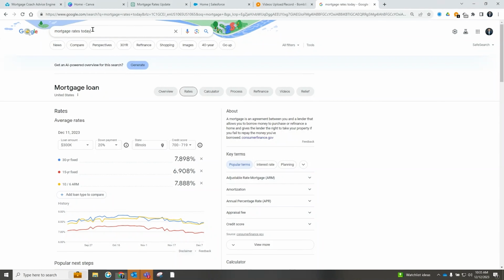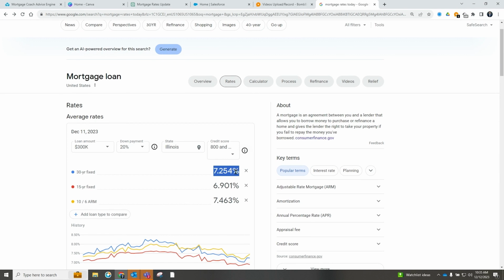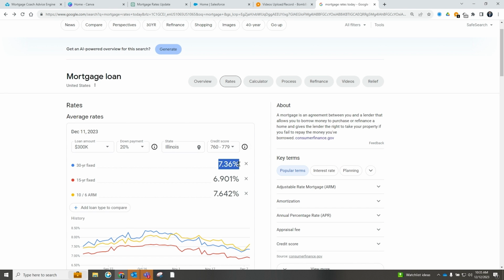So with that said, I'm going to take you onto the screen here, and this is just a basic online search, and you can see here is the drastic change of credit score, right? So in this case, you can see how the different down payments and the credit score changes makes a huge difference in terms of your interest rate. So keep that in mind.